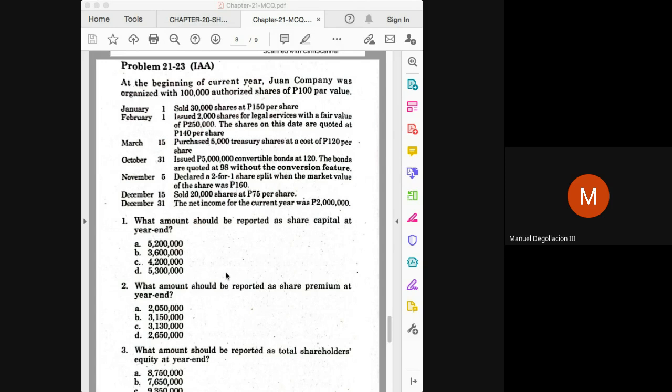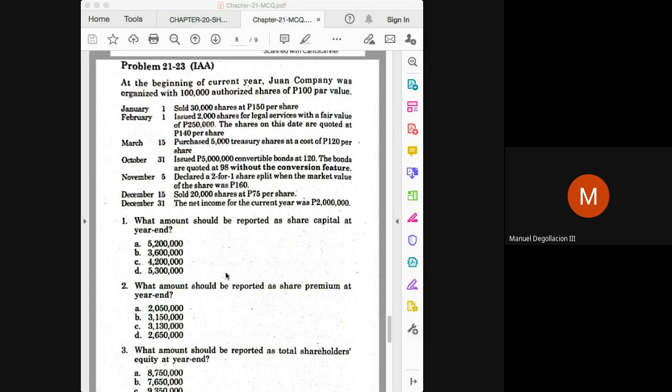And then we have the February 1 transaction, wherein there was a 200,000 credit to share capital. And then also on December 15, when we issued the shares, the credit to share capital was 1 million.